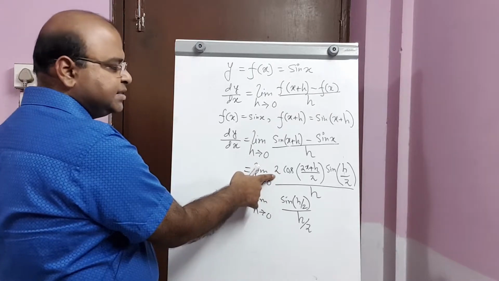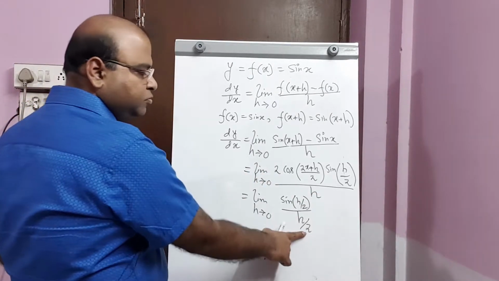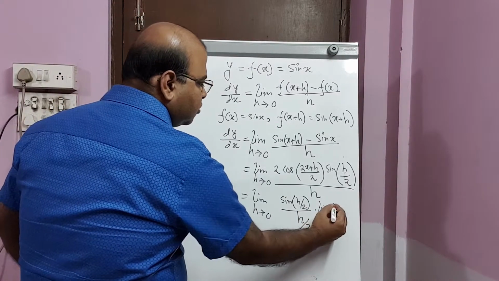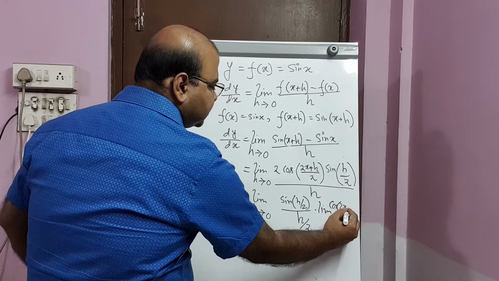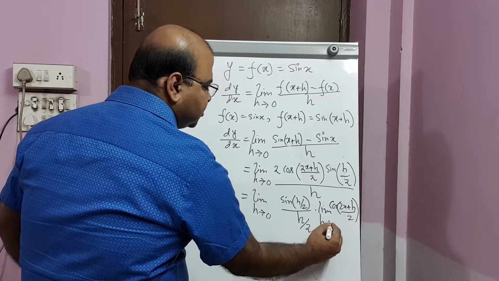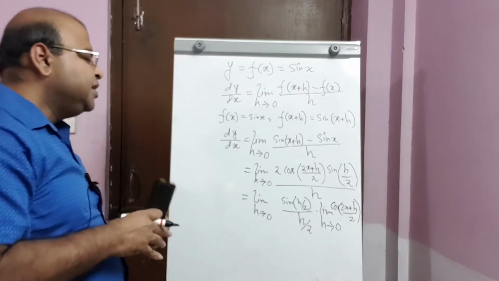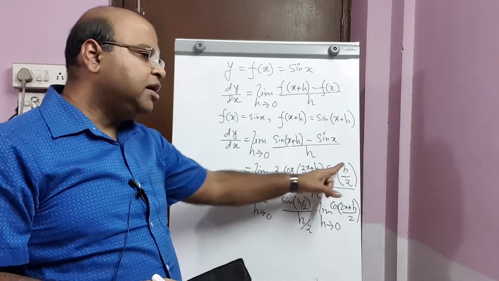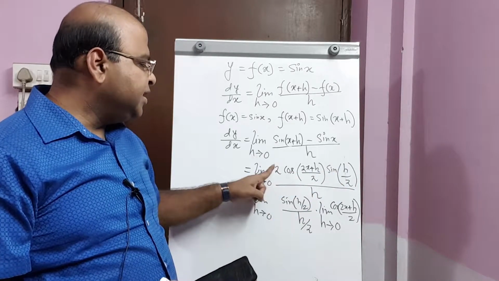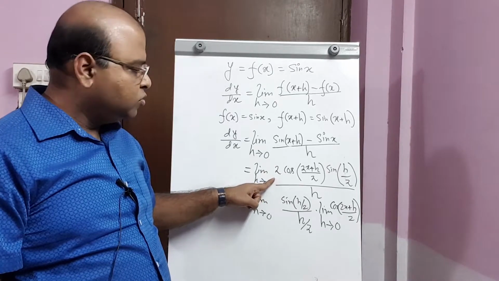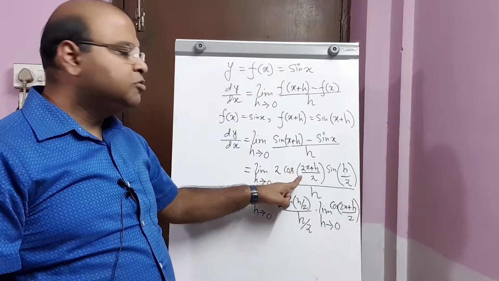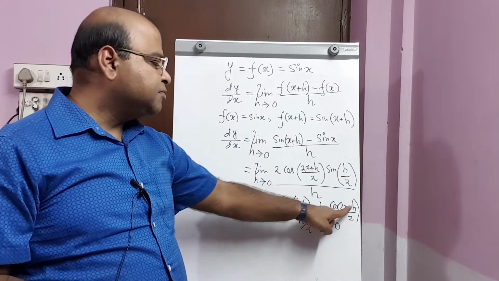So these two getting cancelled, and here we have h by 2 into the limit of cos((2x + h)/2) when h tends to 0. So we are splitting these limits into two parts, into two halves. One half is sin(h/2) by h, and we are dividing the numerator and denominator by 2. So this portion is multiplied by the limiting value of this cosine function, limit of cos((2x + h)/2), h tends to 0.